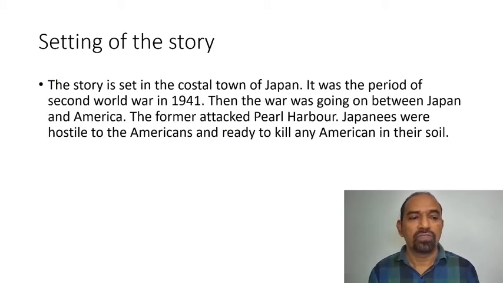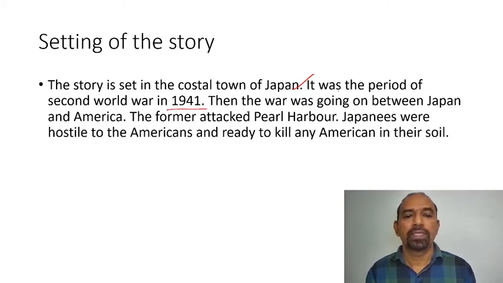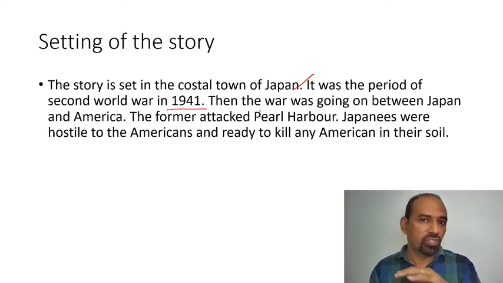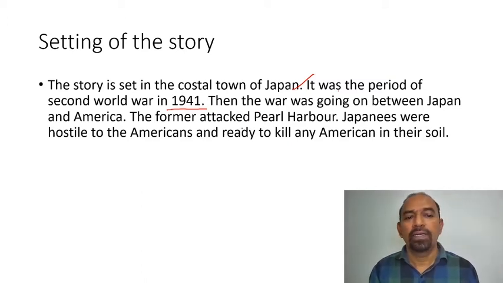The setting of the story. The story is set in a coastal town of Japan. It was the period of the Second World War in 1941. Then the war was going on between Japan and America. The former attacked Pearl Harbor in the US.